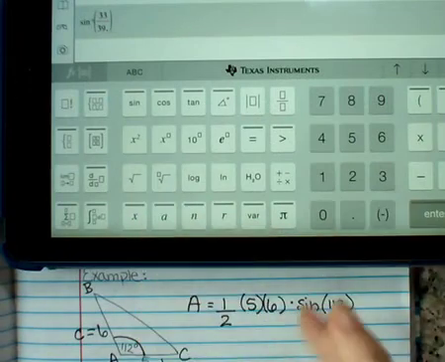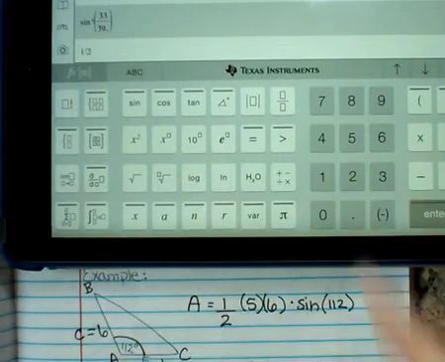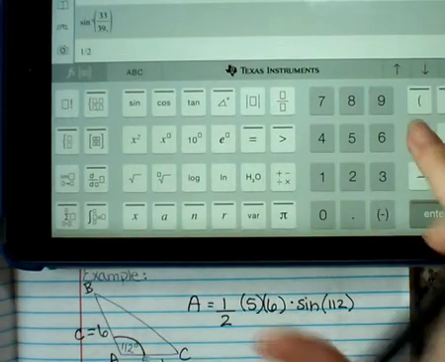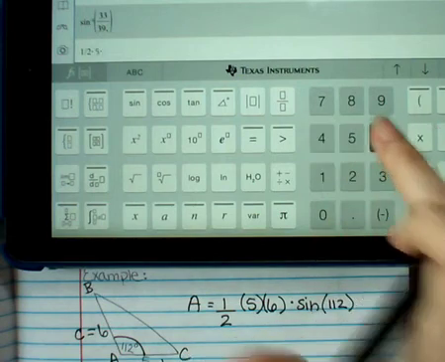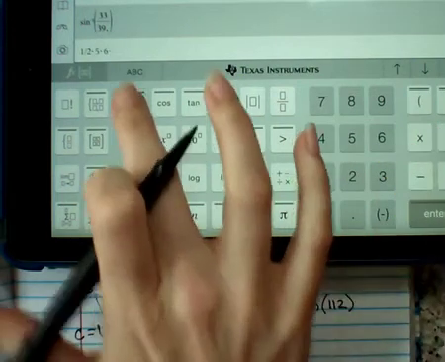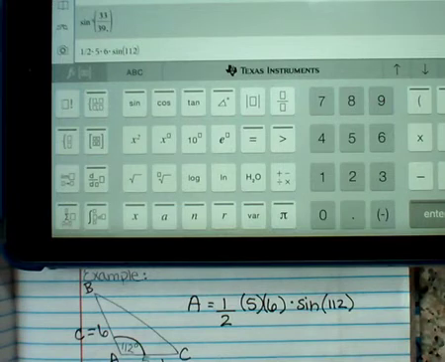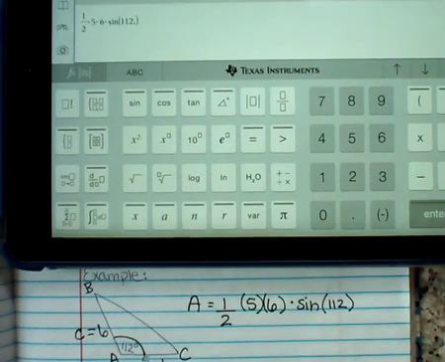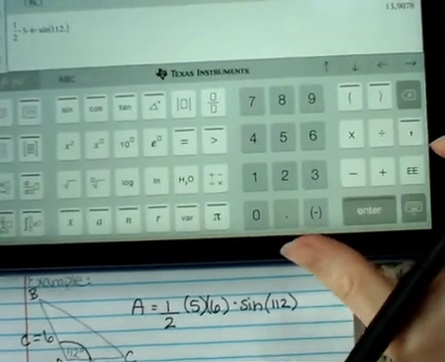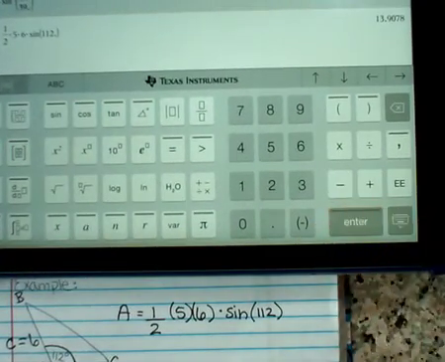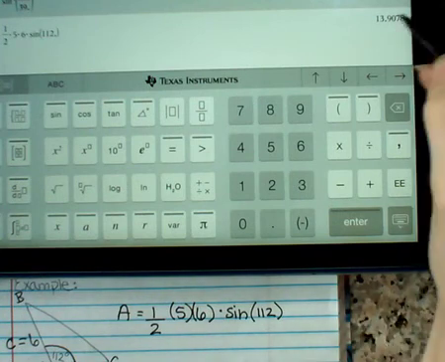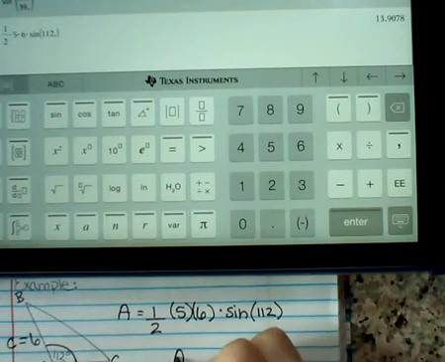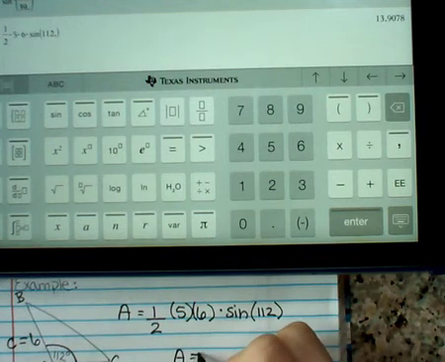So we have 1 divided by 2 times 5 times 6 times the sine of 112. And since I want to get a decimal answer, I'm going to go ahead and put a decimal in there. And let's see what it gives us. So our area is approximately 13.9.